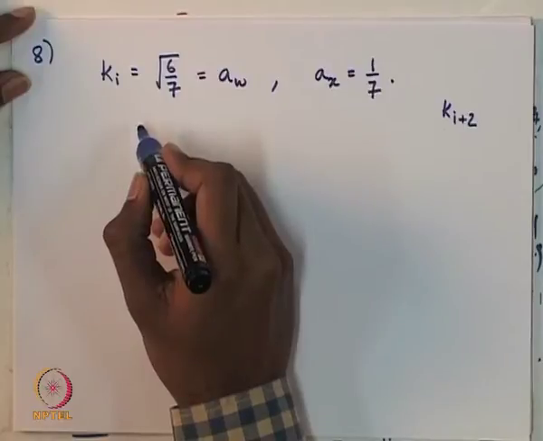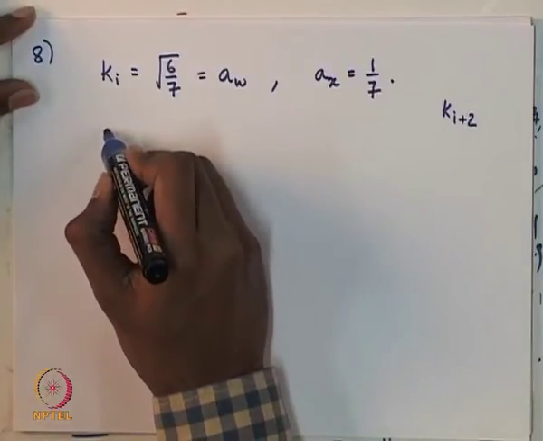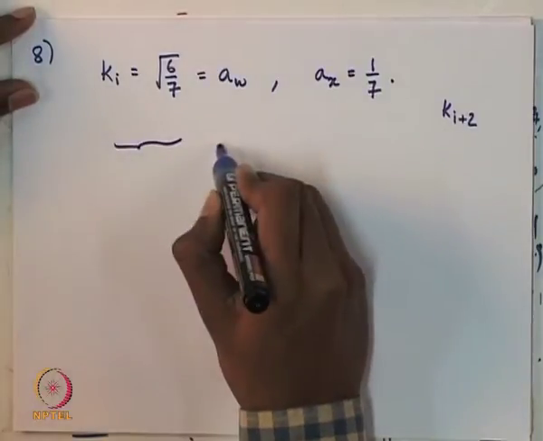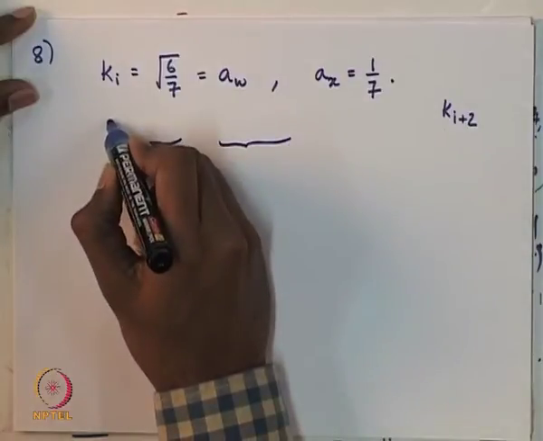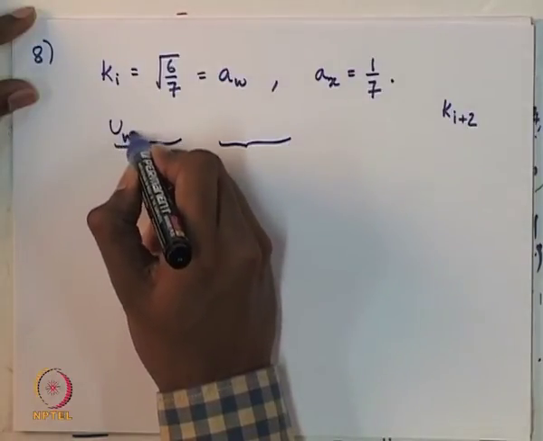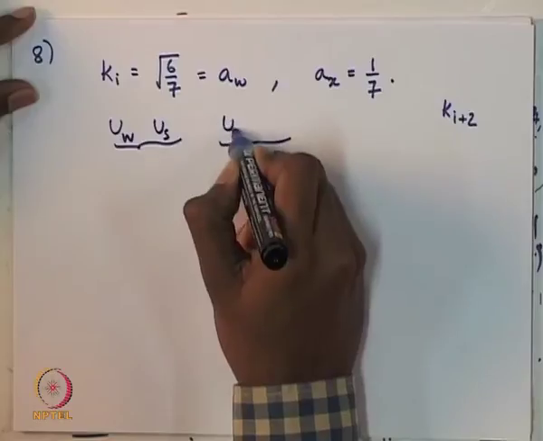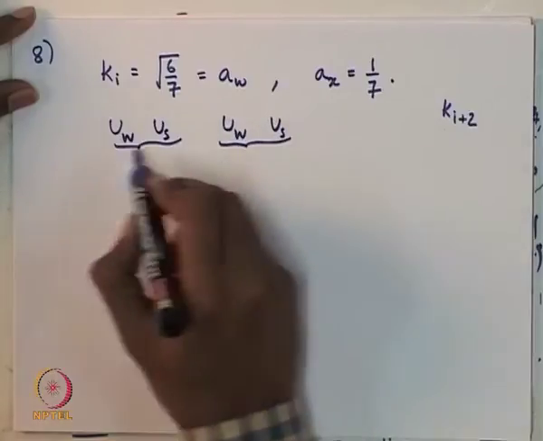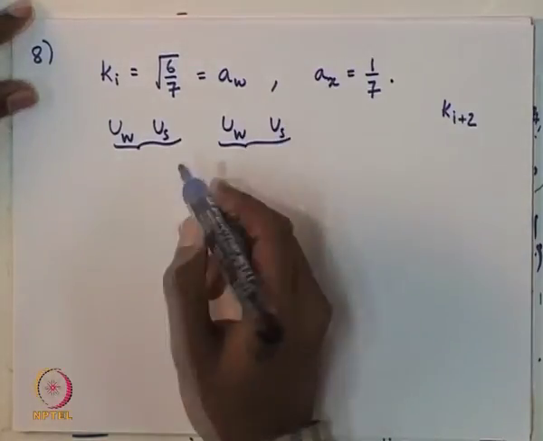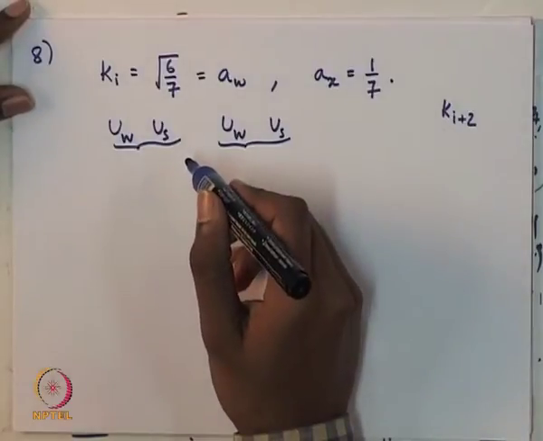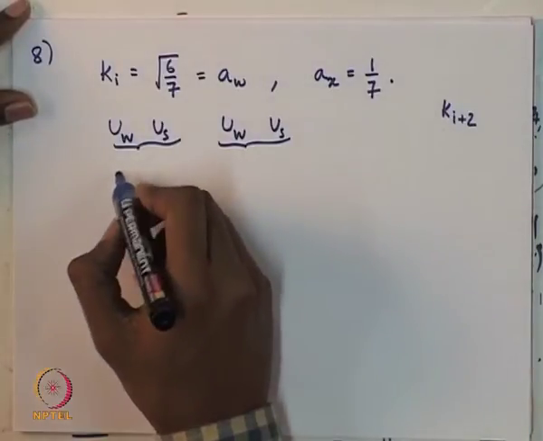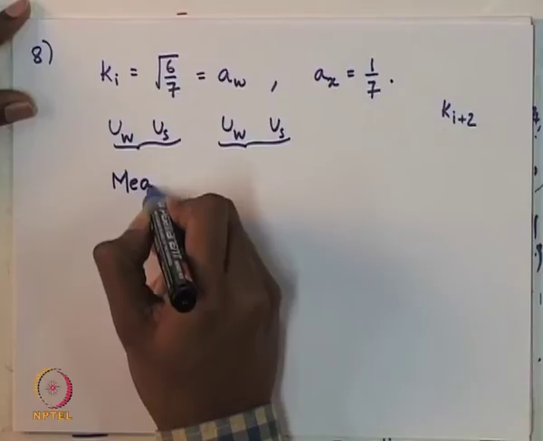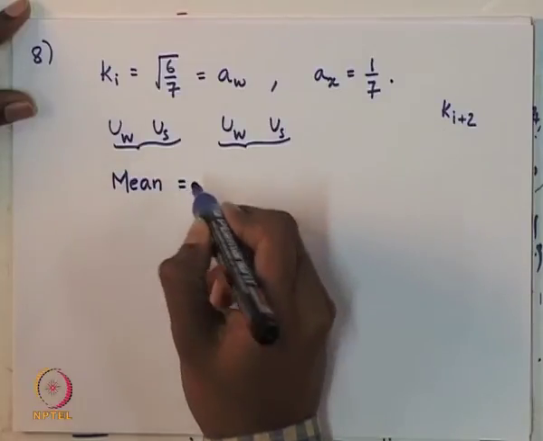We perform similar operations as previous. We need to perform 2 iterations, that is we need to perform UW, US, again UW, US in order one after the other.